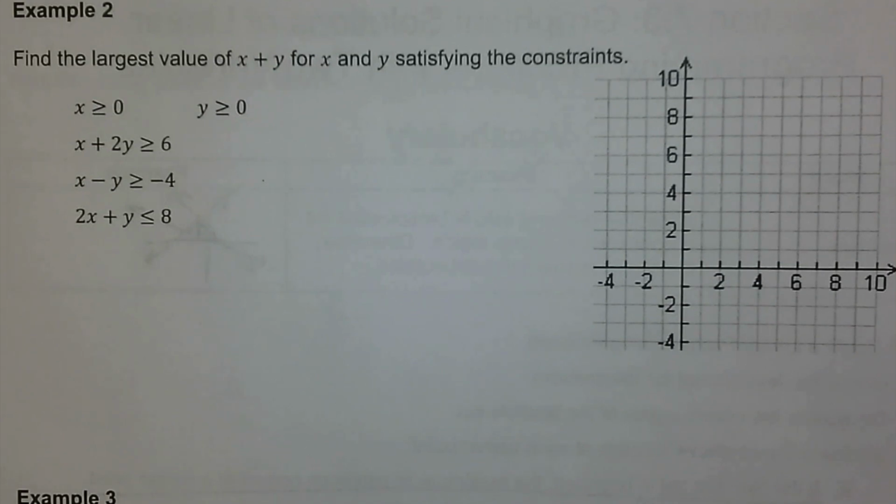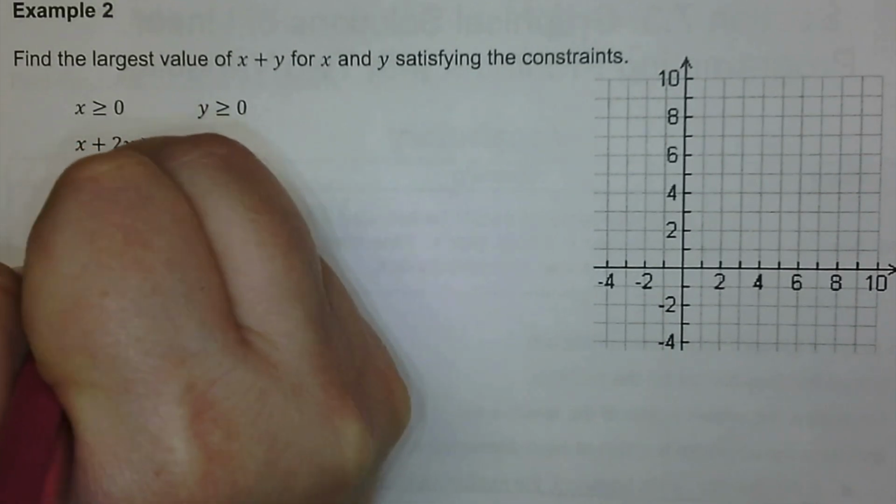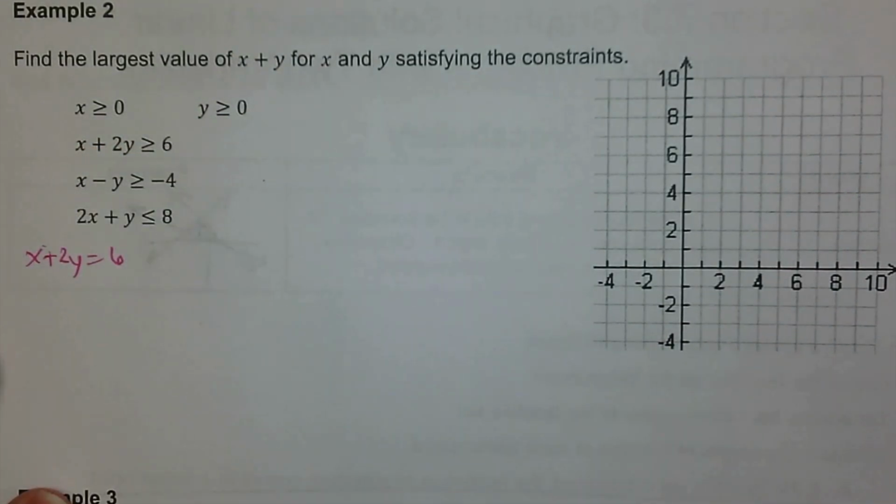All right, example 2. Find the largest value of x plus y for x and y satisfying the constraints. So I'm going to skip the trivial constraints for the moment, and I'm going to focus on the other 3 slightly more complicated ones. So the first one is x plus 2y equals 6.